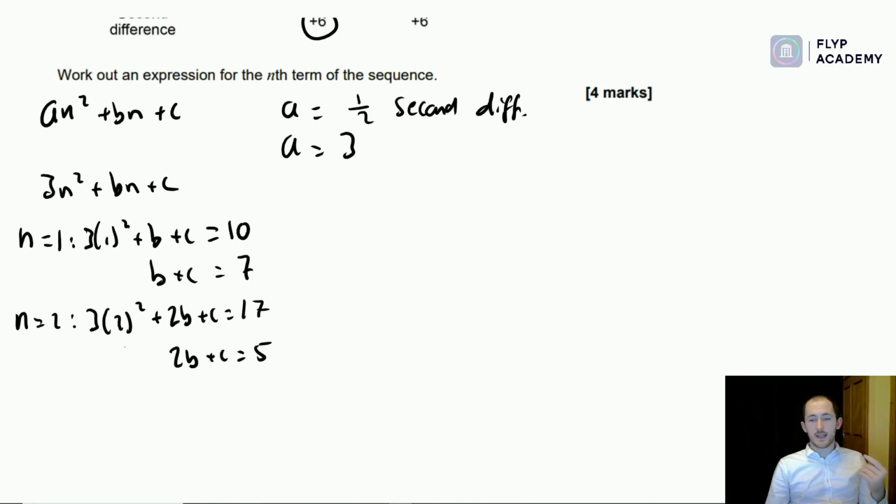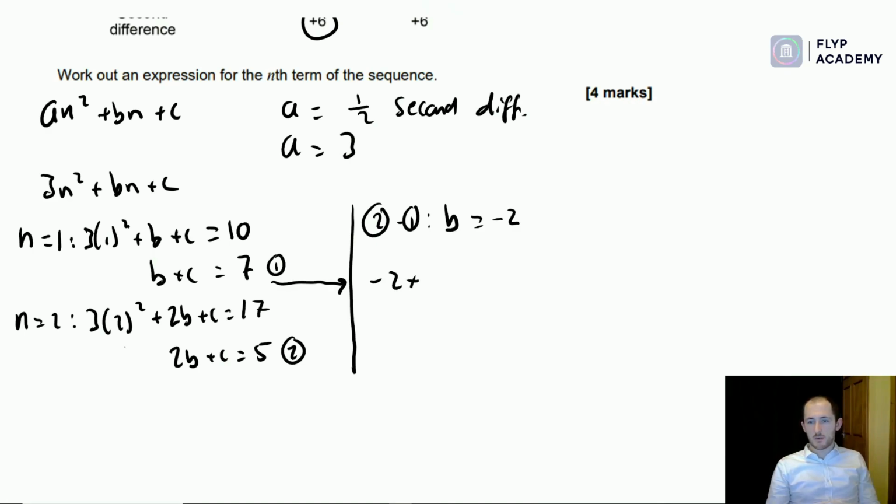All I need to do here is if I label these like that, you can use simultaneous equations. So I would like to use elimination here, because if I do 2 minus 1, 2b minus b gives me b, c minus c is 0, 5 minus 7 is minus 2, and then I can just sub this back in to this expression here, and I get minus 2 plus c equals 7, so c equals 9.